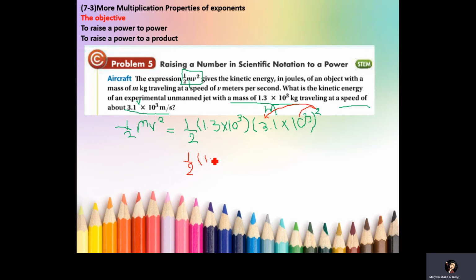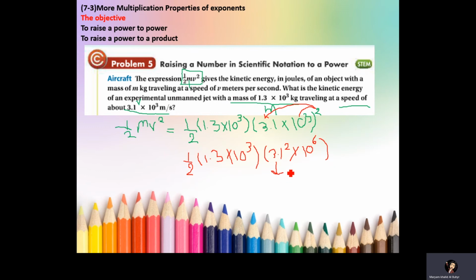times 1.3 times 10 to the power 3 times 3.1 to the power 2 times 10 to the power 6. Now, just calculate this number before you do anything because we have to remove this power.